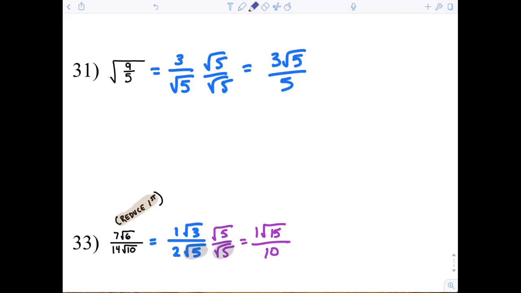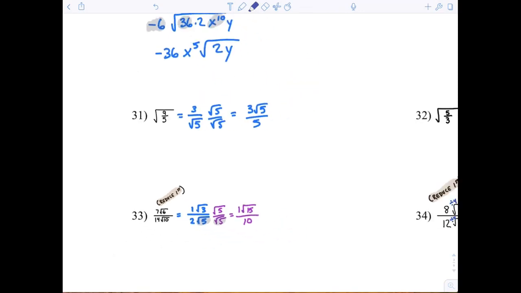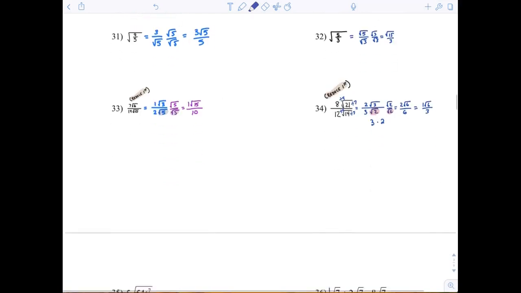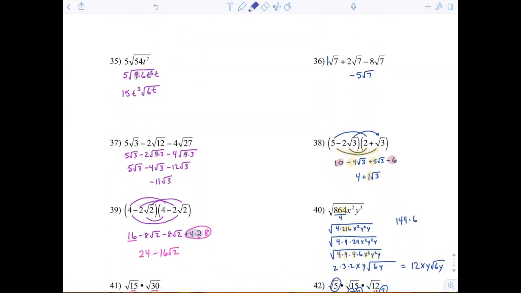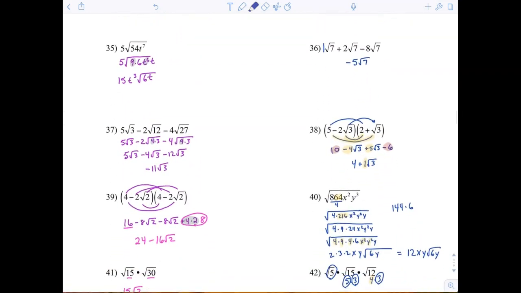You see that? Anybody with 35, 36, 37, 38? 40 is kind of the one I want to talk about.